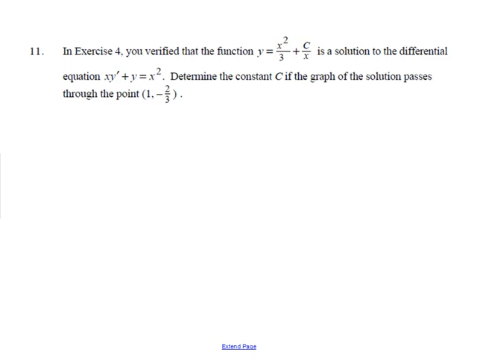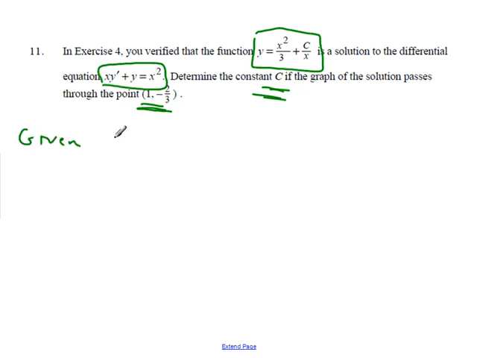Okay, so now, earlier on we verified that this was a solution to the following differential equation. Now let's say we want to find the c given some condition. So if you're given a condition, you can solve for c.